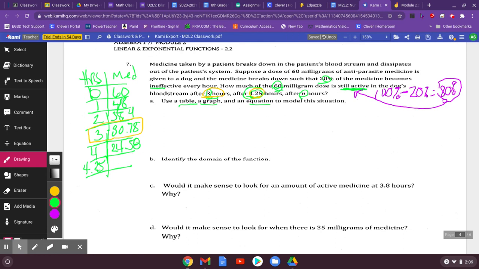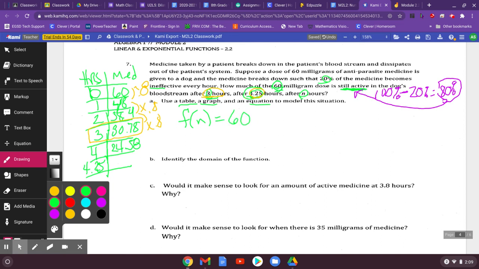So we said this was going to be 80% each time, right? Times 0.8 times 0.8. So if I go to make my equation, f of n equals my starting amount, 60. What am I doing over and over? Multiplying by 0.8 repeatedly, which means it is an exponent. So this is my equation.